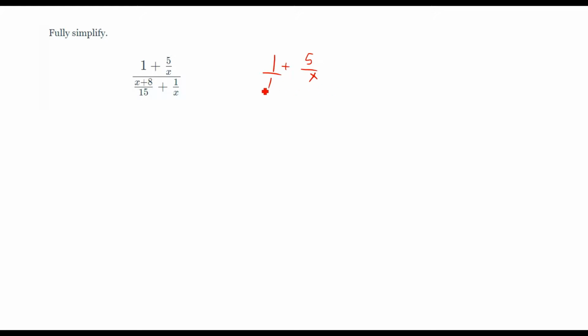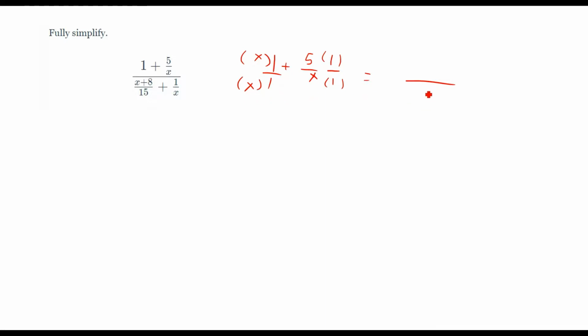And then I want them to have the same denominator. So I'm going to take this denominator and multiply it onto the other fraction, both the numerator and the denominator. So that x gets multiplied over here and here, and this 1 gets multiplied over here and here.